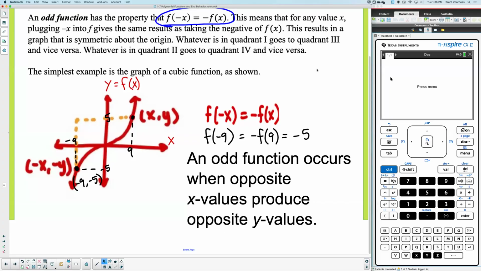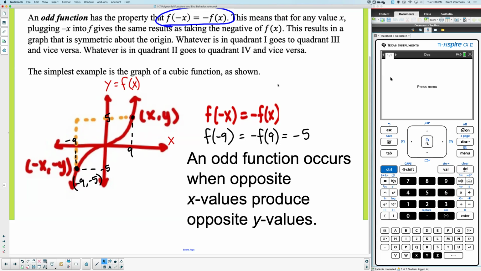So in summary, if opposite x values produce the same y values, it is an even function. If opposite x values produce opposite y values, it is an odd function. There's an option of neither. Neither would be when opposite x values produce two random y's that aren't related to one another.